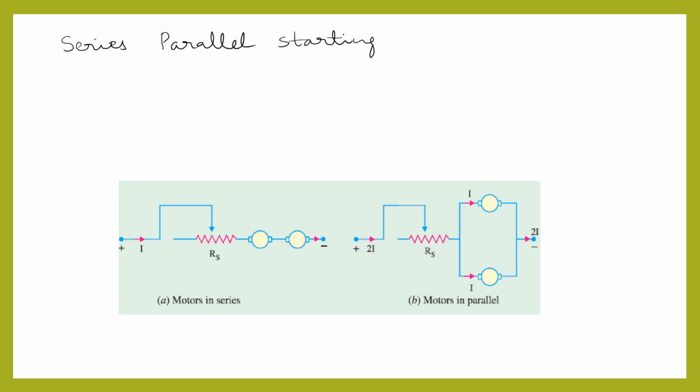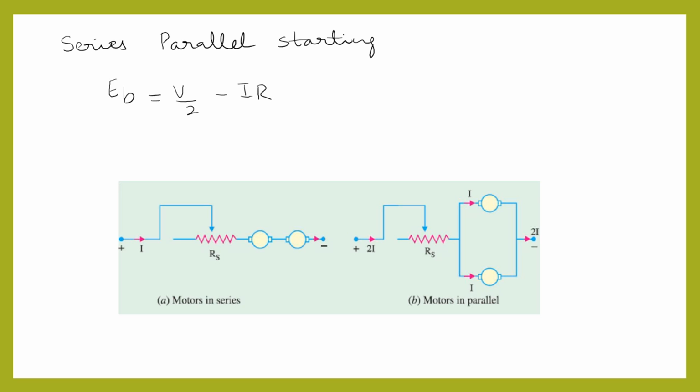So the 2 series motors used will be connected in series with the starting resistance. So gradually this starting resistance will be cut off in steps and the back EMF will be developed from 0 to half the supply voltage minus the IR drop.